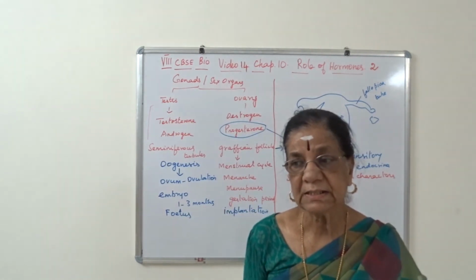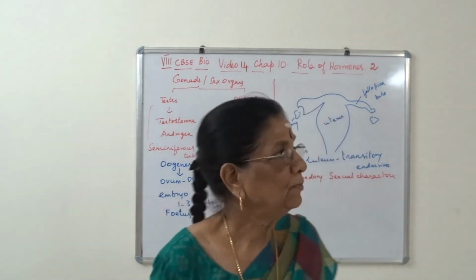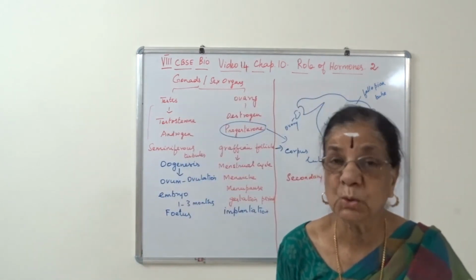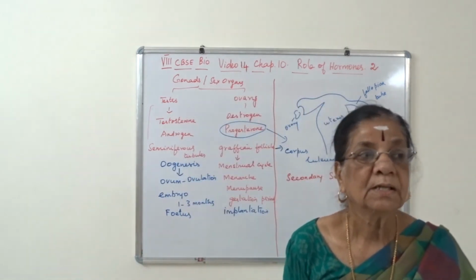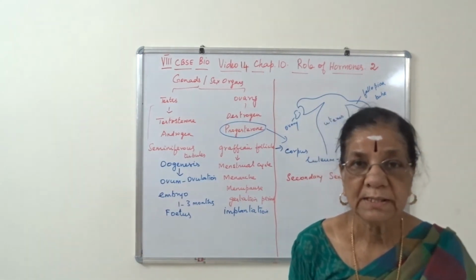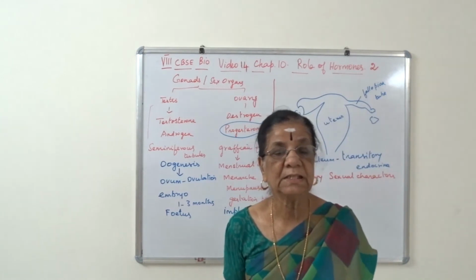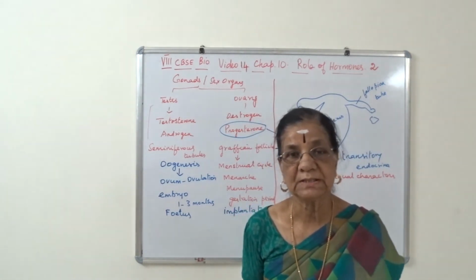So the secondary sexual characters can be noticed only at the time of puberty or a person reaching the age of adolescence.